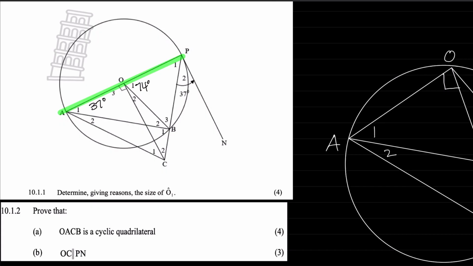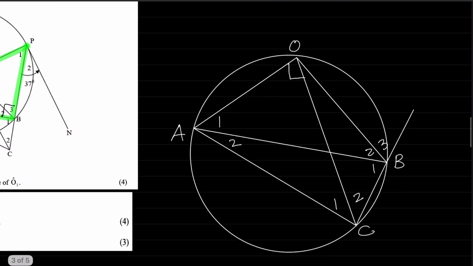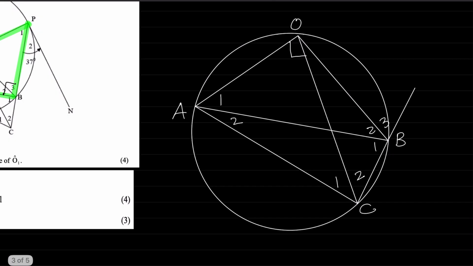The theorem is angles in a semicircle. So this angle right here, B2 and B3, is going to be 90 degrees. Now, since B1, B2, and B3 form a straight line, we can then say that B1 is going to be 90 degrees. So let's put that in our new diagram right here. So B1 is 90 degrees.